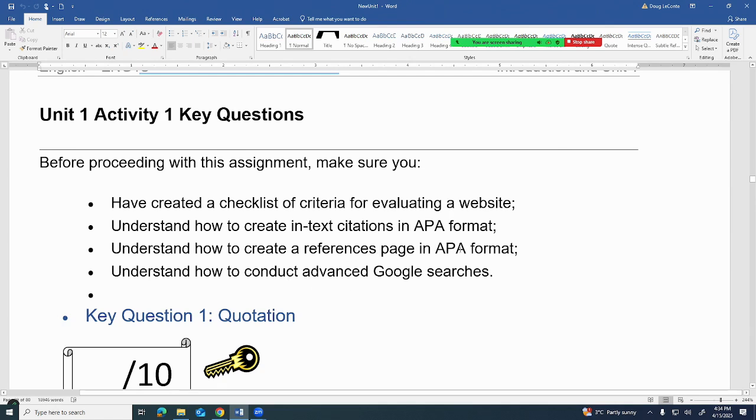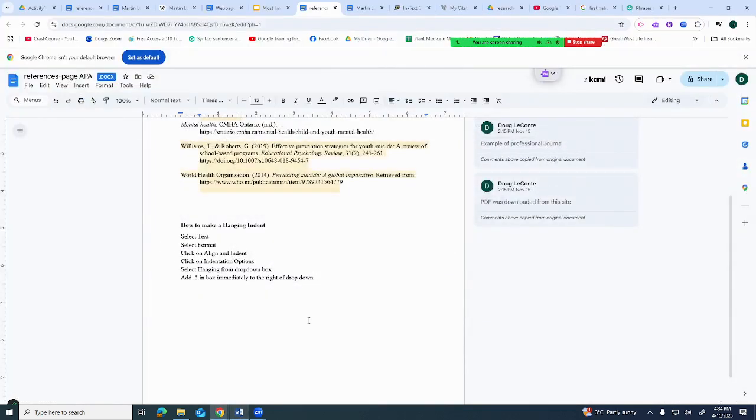Understand how to create a reference page in APA format, and I just demonstrated that for you. Oh, I forgot to mention that all of your entries in the reference page are done in alphabetical order. I'll just go back here again and show that to you, right?